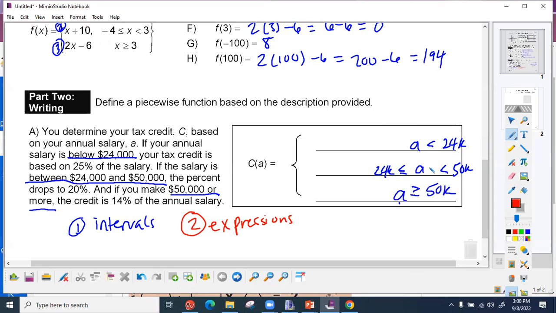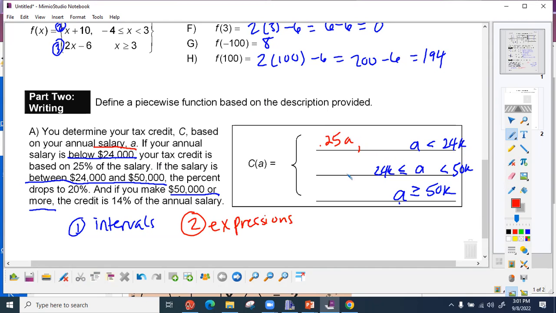Multiplying by a decimal. So if I'm taking 25% of my salary and the salary is A, it's going to be A times 0.25. And this is for anything that is less than 24K. Does that make sense?